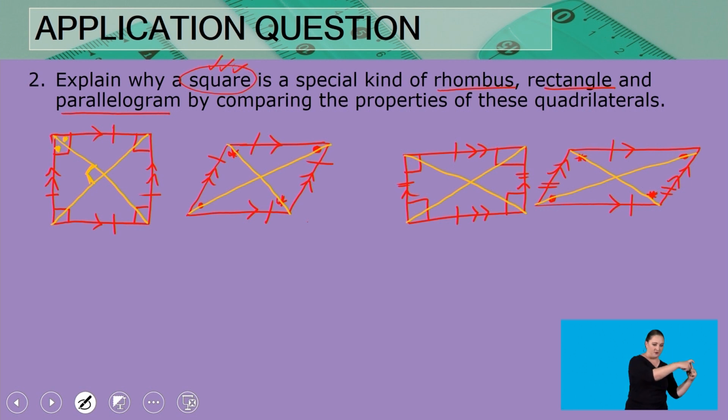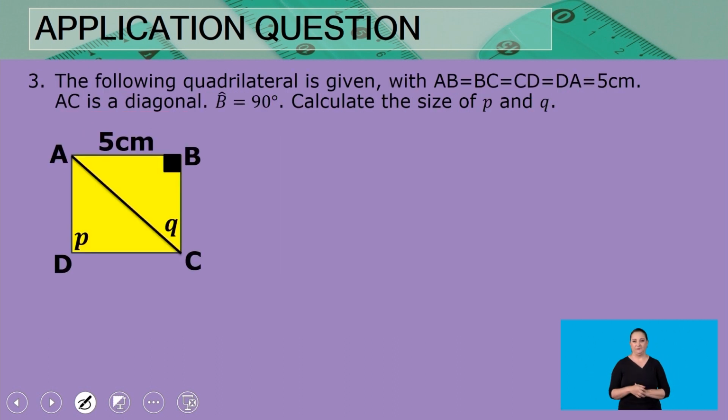The angles are 90 degrees. The diagonals are equal and they meet at 90 degrees and they bisect the opposite angles. So that is how a square is a special kind of rhombus, a special kind of rectangle, and also a special kind of parallelogram. Let's move on to the next question.